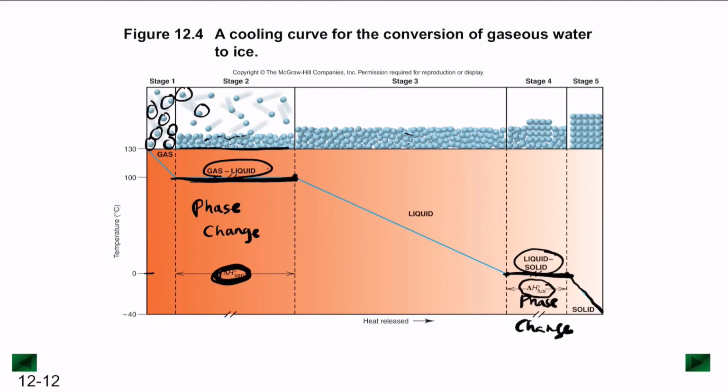This energy is being released out of the system during the phase change. So this is the idea behind a cooling curve for the conversion of gaseous water to ice. Remember that it only happens at two temperatures: at 100 degrees centigrade, the gas-liquid phase change occurs, and at 0 degrees centigrade, the liquid-solid phase change occurs.